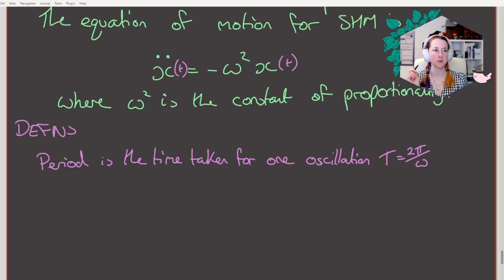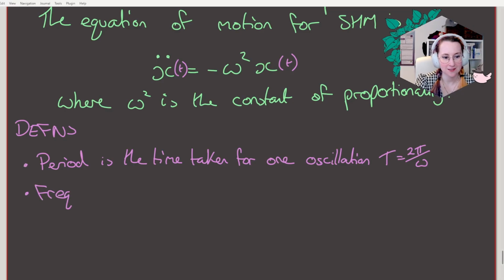So you can think, if I'm swinging a pendulum, it's the time it takes for that pendulum to get back to where it started, so one complete loop. Very similar to sines and cosines. You've seen periodicity before, you've seen oscillation before. Fun fact, there's a lot similar here.